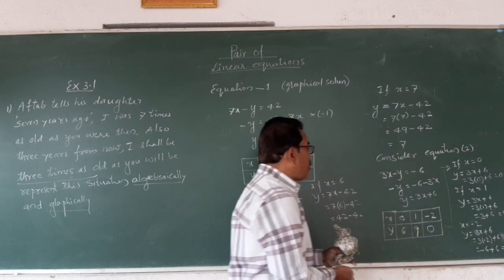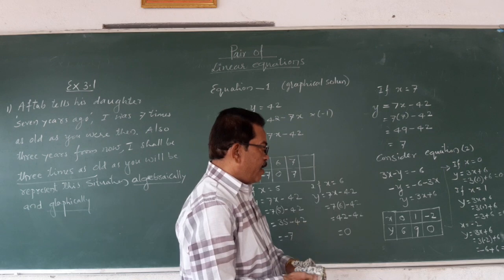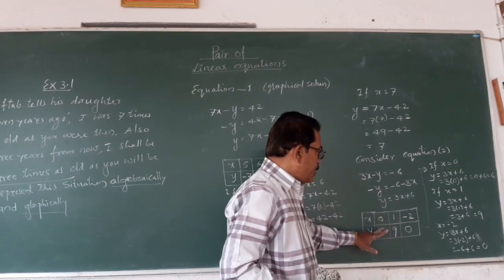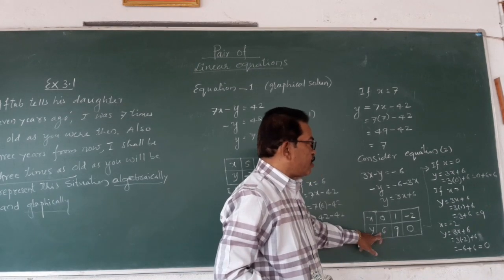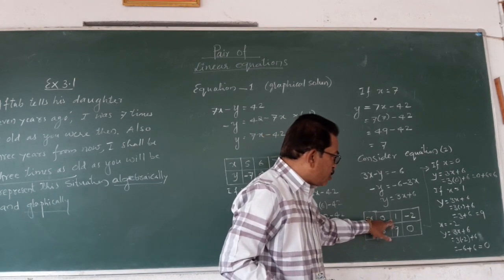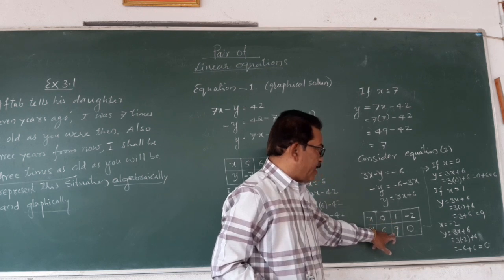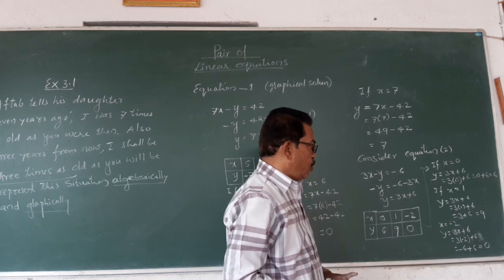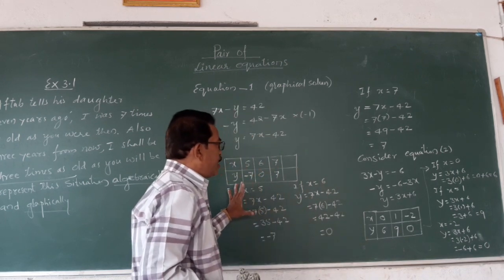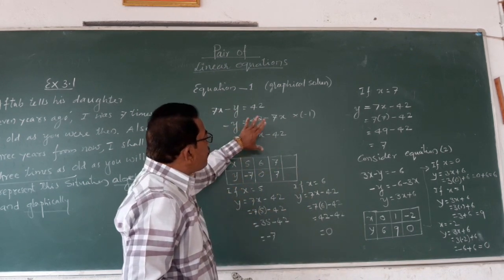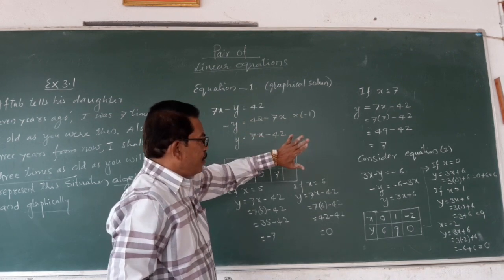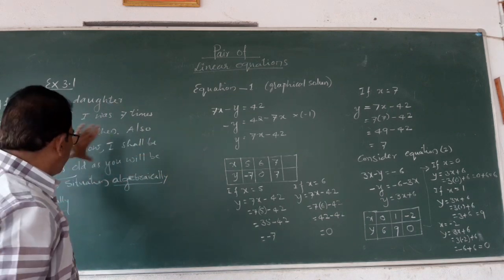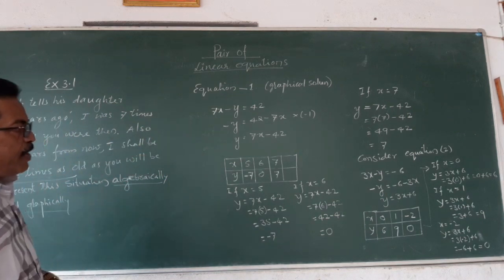So the values of y when we consider x equals 0, 1, minus 2 are: when x equals 0, y equals 6; when x equals 1, y equals 9; when x equals minus 2, y equals 0. So this is the representation of the graphical method.